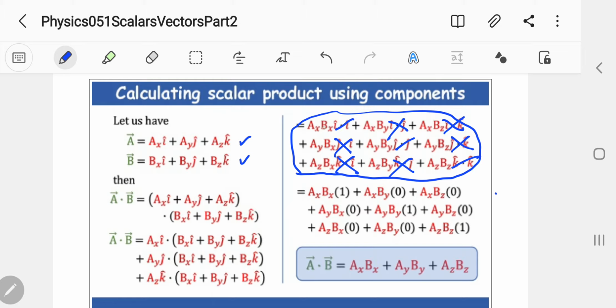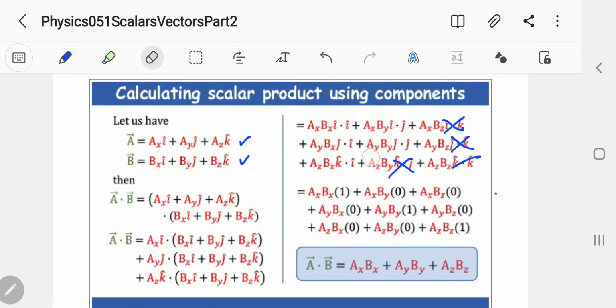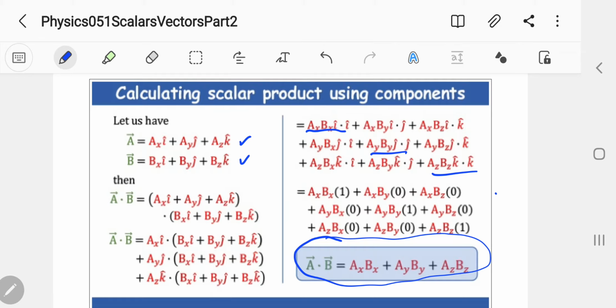So what's left? What's left is only this, and this. So therefore, your A dot B is equal to this one. Remember, the scalar product or the dot product has no direction.